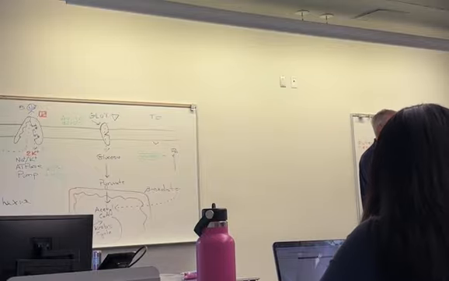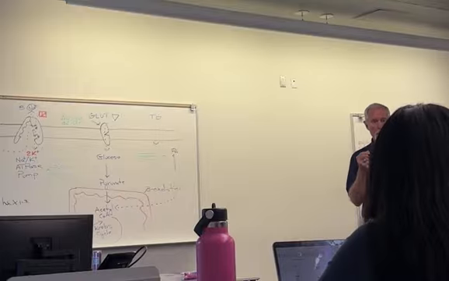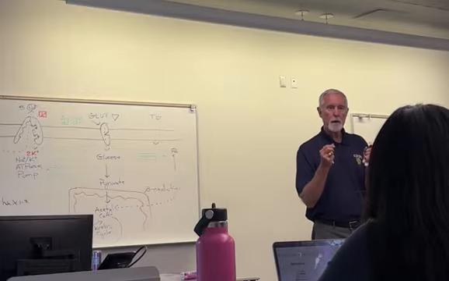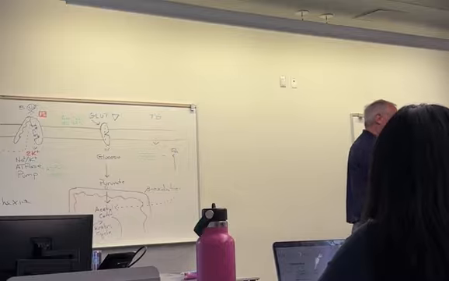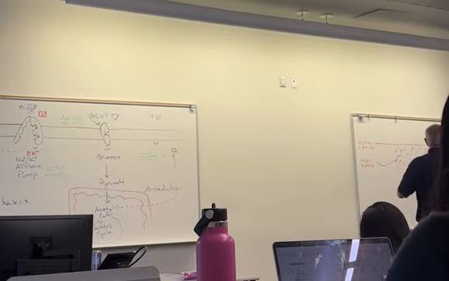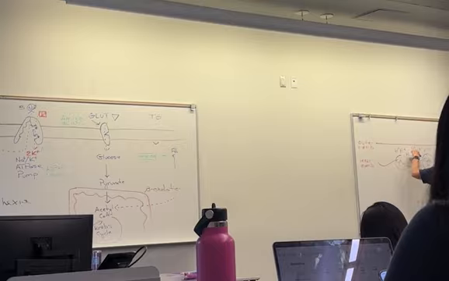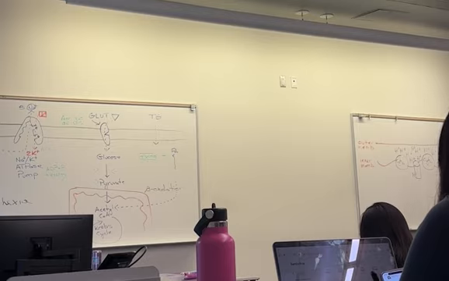However, in brown adipose tissue, they have this unique feature: the presence of so-called uncoupling proteins. What are the uncoupling proteins doing? Listen carefully. They're uncoupling the proton gradient from moving the proton pump backwards.